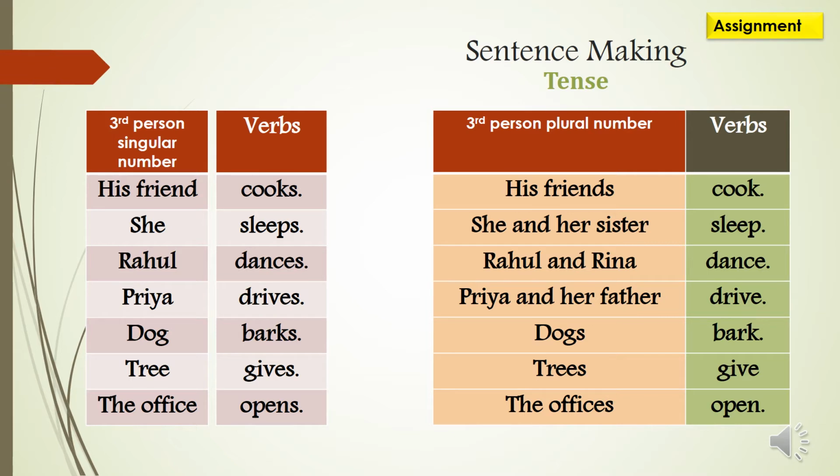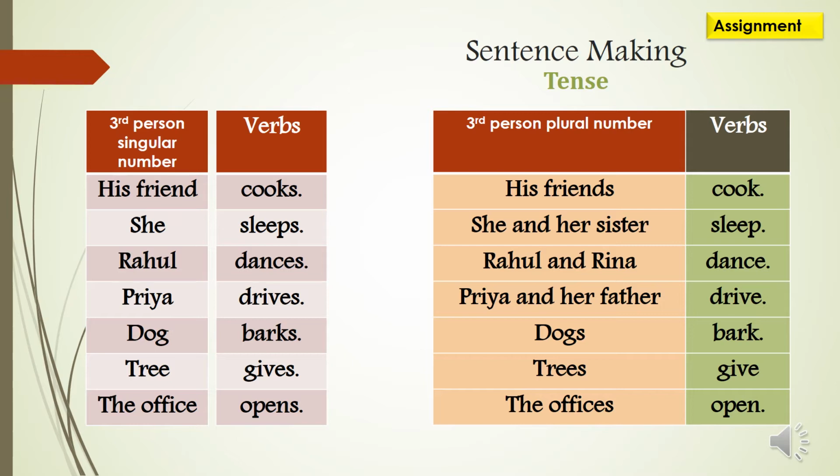So I have added an s with the word cook. So the sentence is: his friend cooks. But when we have turned this friend into friends, that is plural. Yes, his friends cook. So s is not attached. Similarly, she sleeps. Only one person. So s is attached.